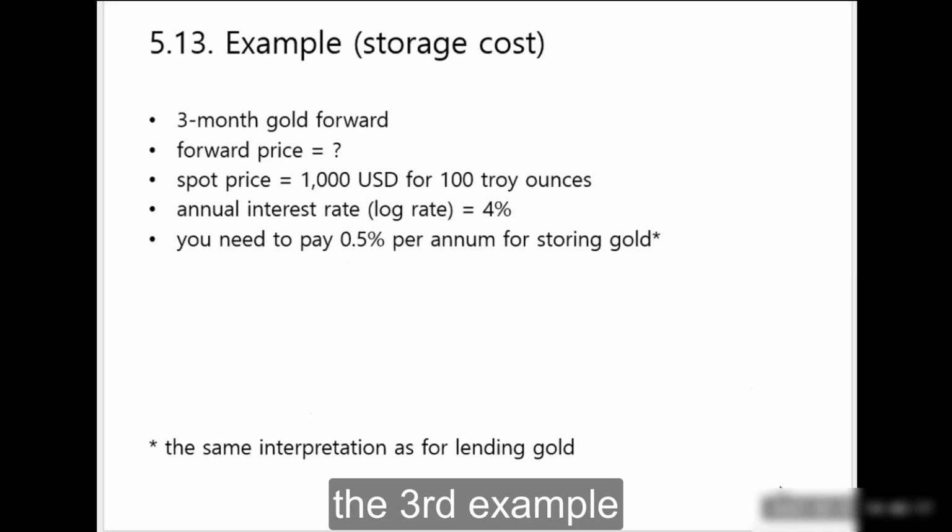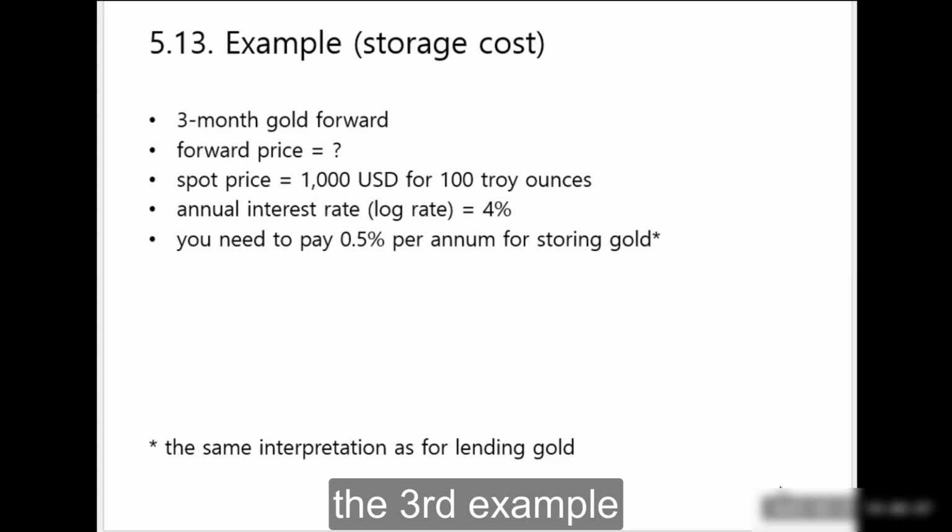If you understood the previous story, the next story is rather trivial. What if instead of lending gold and getting paid, the situation is the opposite? That is, when you buy gold, if you want to keep your gold in a safe place, you need to actually pay for the storage. Now, because these two cannot happen at the same time, either you get paid or you pay, this is a somewhat different situation.